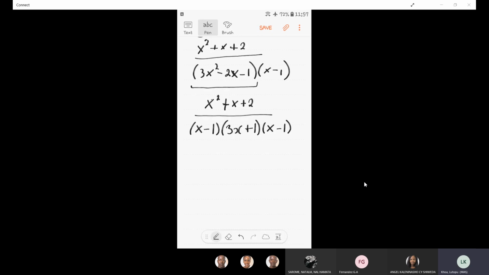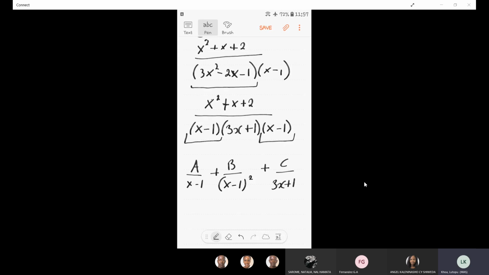Then when I look at this denominator factorized, I have one factor here that is repeating. So what I do with factors that are repeating is I build up to it. So my first term will be a over x minus 1. The second term will be b over x minus 1 squared, and I stop because there's only 2 of them. And then the third one, c over 3x plus 1.